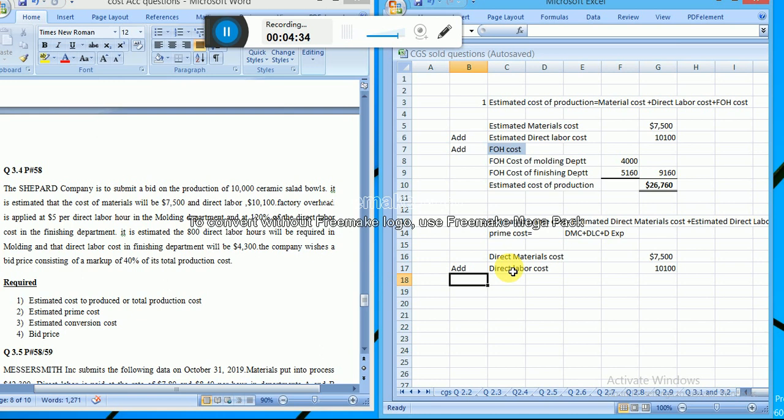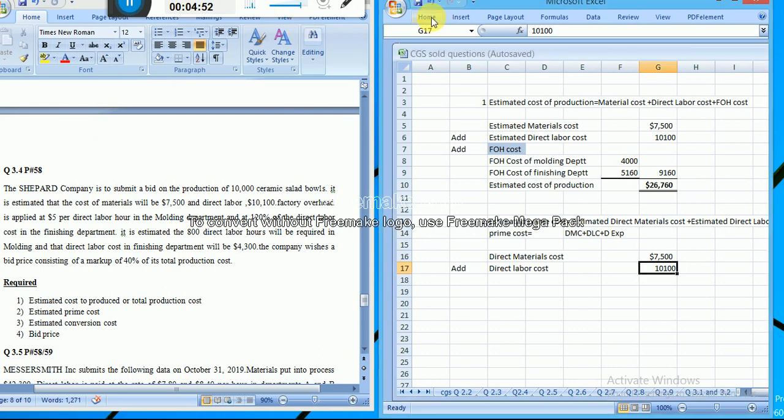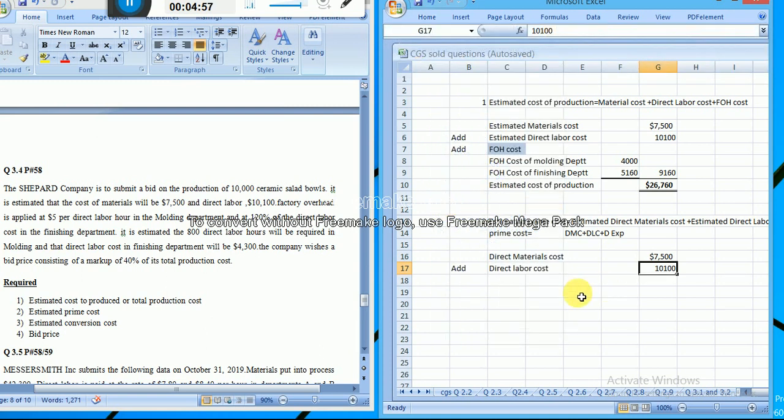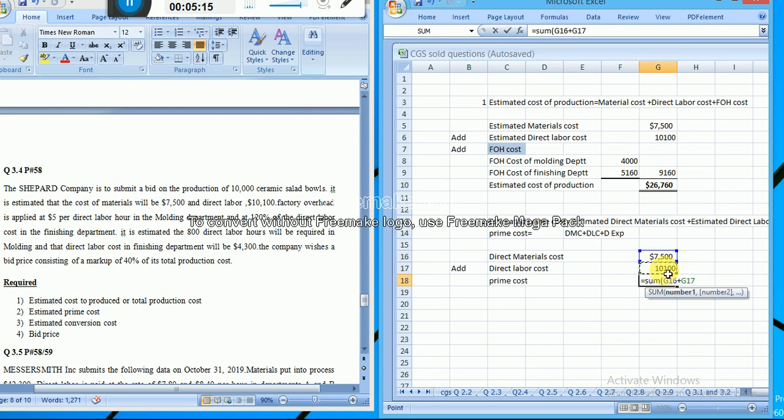So prime cost is the sum of direct material cost and direct labor cost. Now we will add these two costs. Prime cost is equal to the sum of 7,500 direct material cost plus 10,100 direct labor cost.